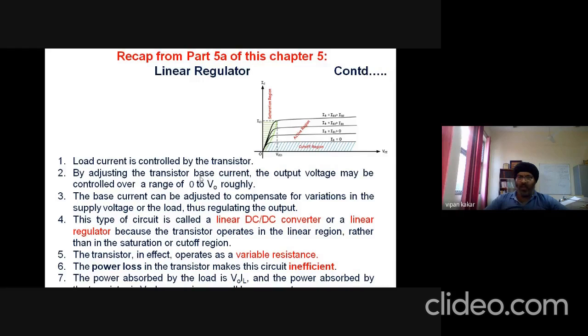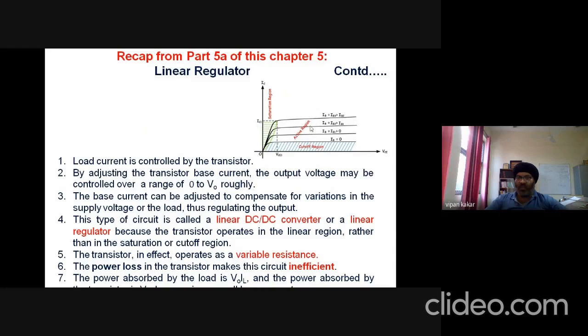I will go through this one by one. The load current, as we already discussed in section 5a, is controlled by the transistor, because in the active region, or linear region, we can easily control the current levels. By adjusting the base current, and here I've shown about 4 levels of base currents, just by adjusting the transistor base current to any of these values, we can change the output current or the load current, which is the collector current.